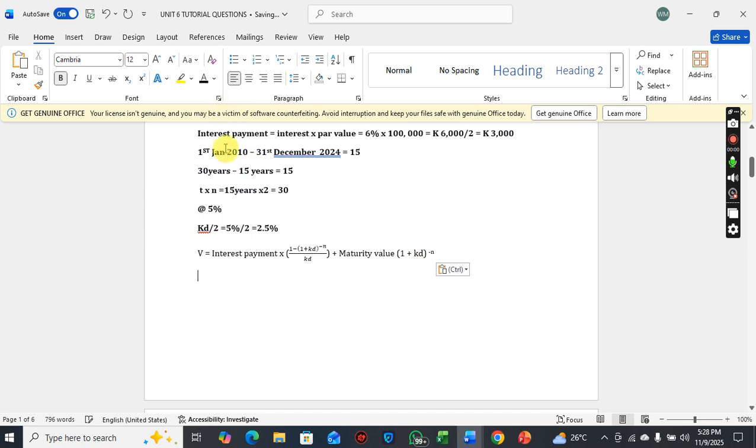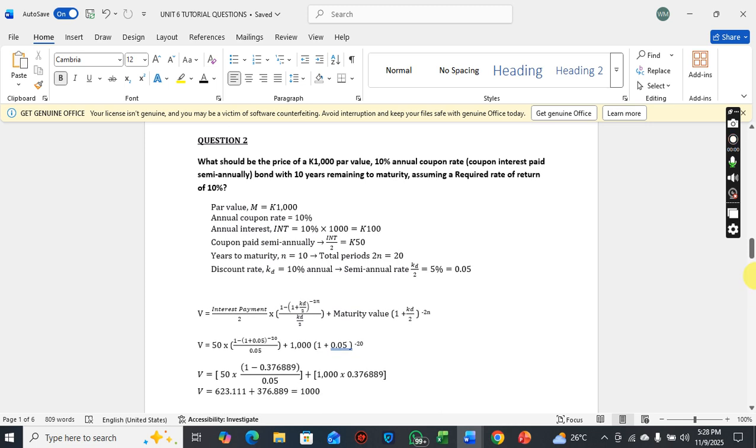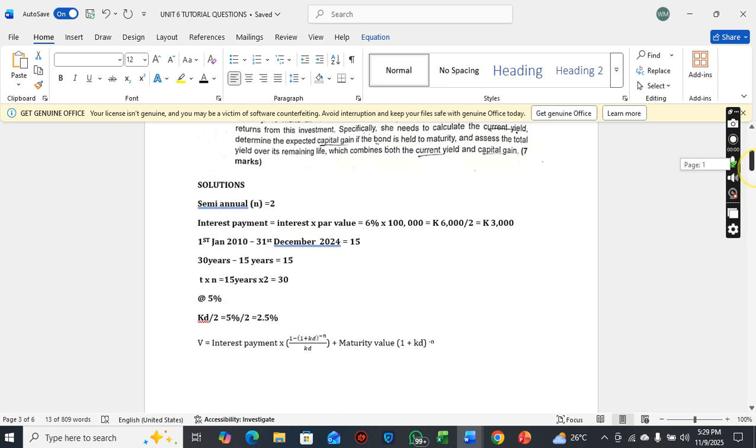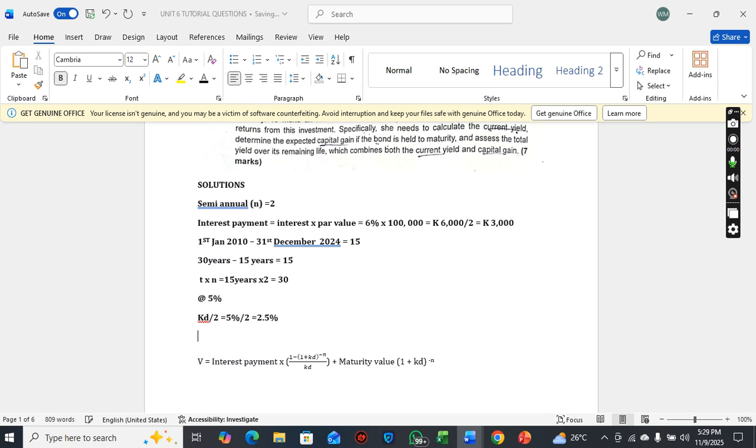But if you want to do the adjustments within the formula, then it will look like this.